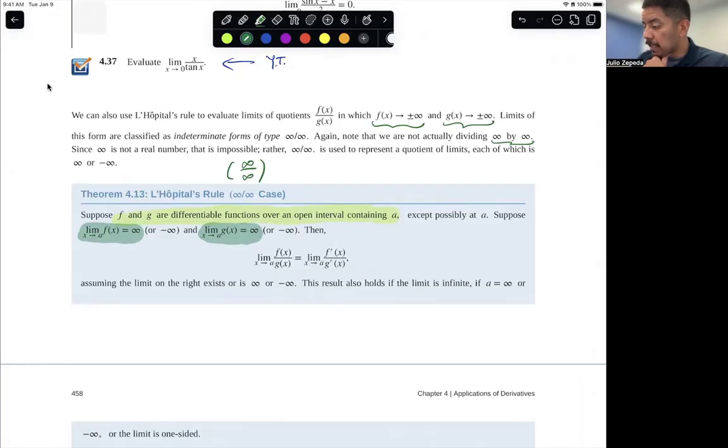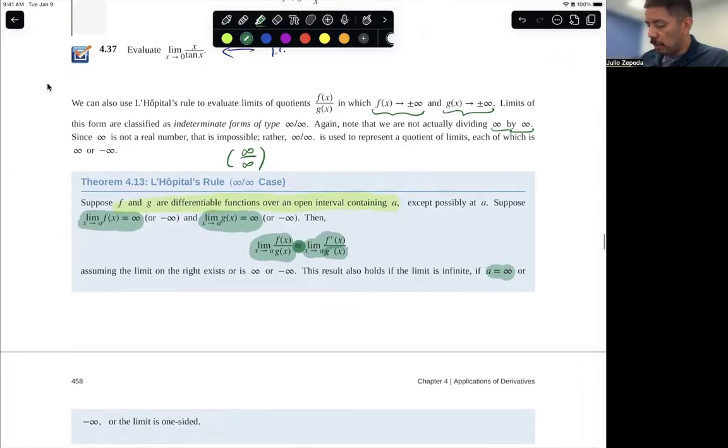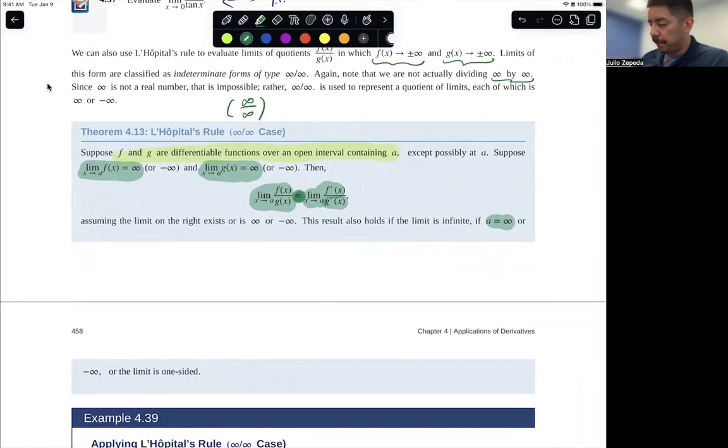Then the limit as x approaches a of f of x over g of x, which looks like infinity over infinity, is equal to the limit as x approaches a of the derivative of f divided by the derivative of g, assuming the limit on the right exists or is positive or negative infinity. This result also holds if a equals positive infinity or negative infinity, or the limit is one-sided. Nice.